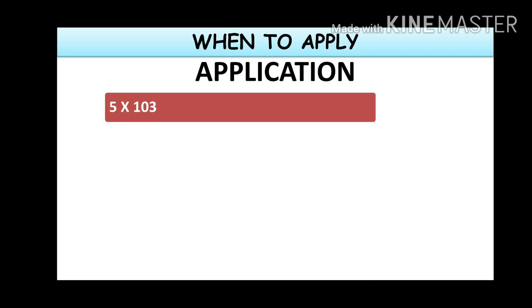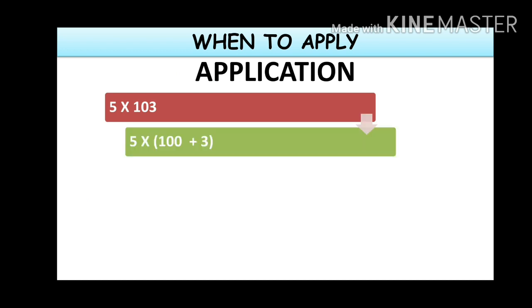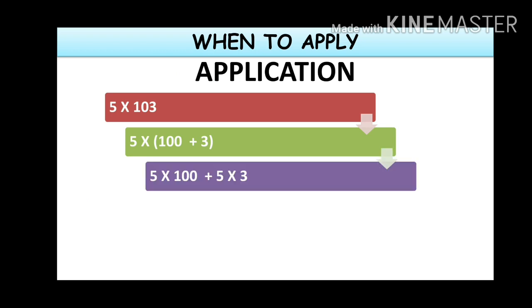Now when to apply this all? Suppose we have the question 5 times 103. So here how to use this property? So 103 can be written as 100 plus 3. Now here you can see 100 plus 3 is inside the bracket and 5 is multiplied outside. So the 5 is multiplied to the total group of 103. So 5 is multiplied with 100 and 5 is multiplied with 3 also.